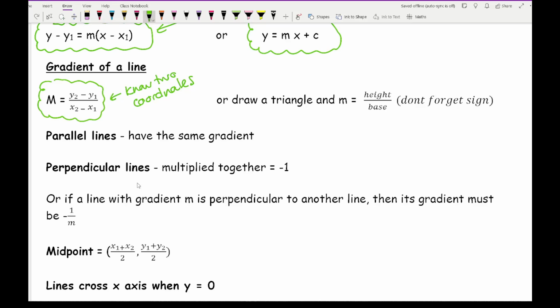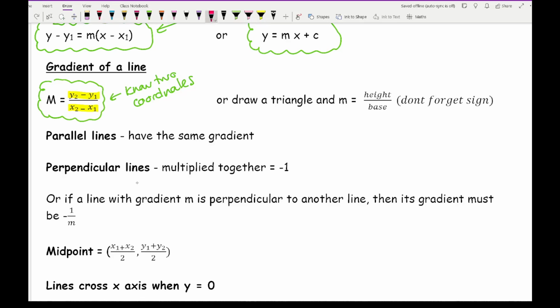The key thing that a lot of students mess up on when using this formula is recognizing that the y is at the top and x is at the bottom. Students often think of x, y coordinates, so they think x goes first, y goes second, when actually it's the other way around. The official formula for the gradient of a line is the difference in y over the difference in x. If you remember that, then hopefully this formula should be second nature to you.